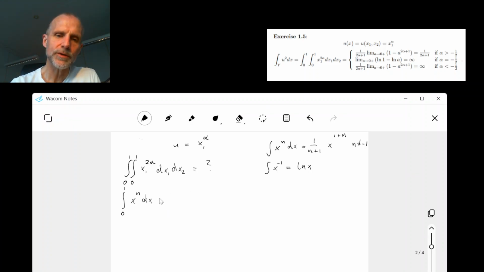Instead of using 0, I just use a small positive number a instead, because if n is a negative value, then x to the power of n turns to infinity when x turns to 0. So we want to avoid that. So instead of computing this integral from 0, I compute it from a to 1.